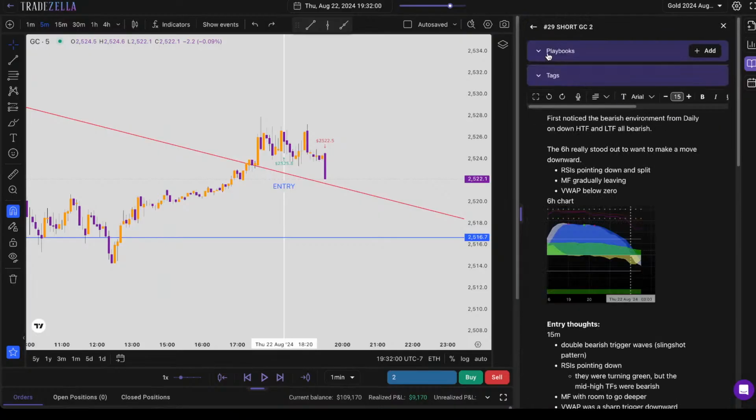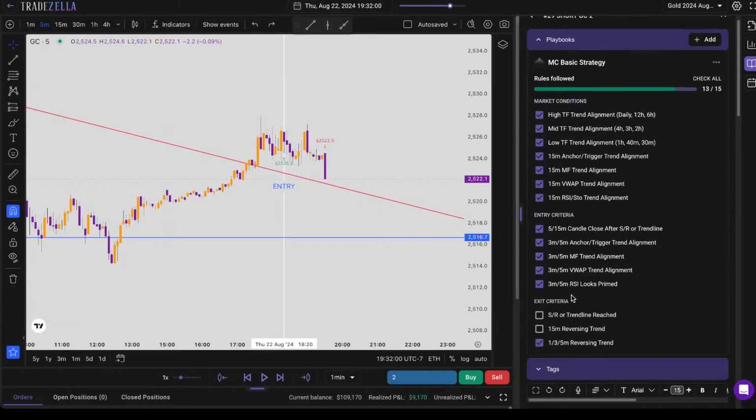Winning trade. We checked the boxes. An exit criteria, only 1, maybe 2 get checked. It's just one of the 3 at least is a reason to get out of the trade. So this is a perfect trade in terms of if this was a loss, it's one that you can sleep like a baby because you did exactly what you were supposed to and you took a loss, fine.